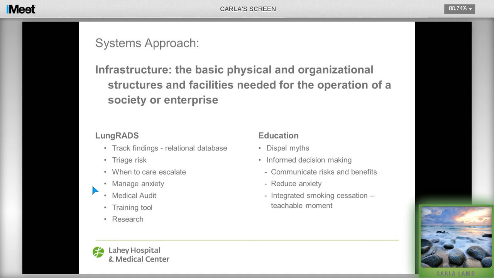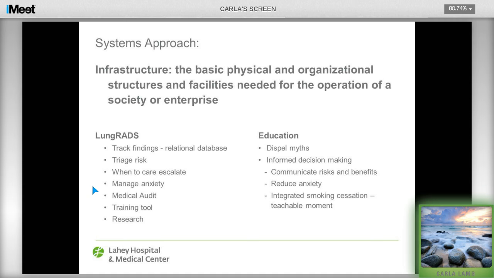So it becomes very simplistic. If they have a Lung-RADS 4, which I'll go into more detail what those definitions are, that is considered highest risk based on radiographic findings, and does require escalation of care, which is a very small percentage of all patients who are being screened. So the majority are going to fall into Lung-RADS 1 and 2.